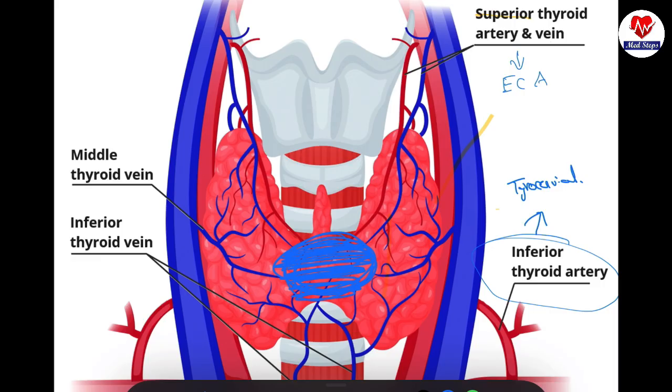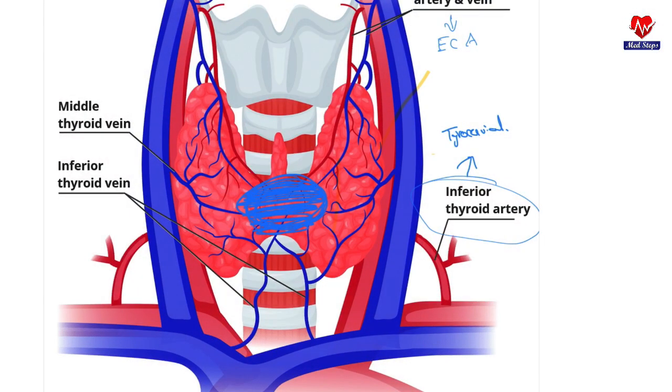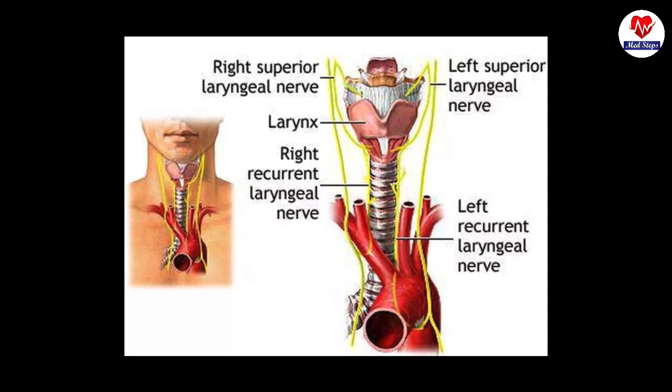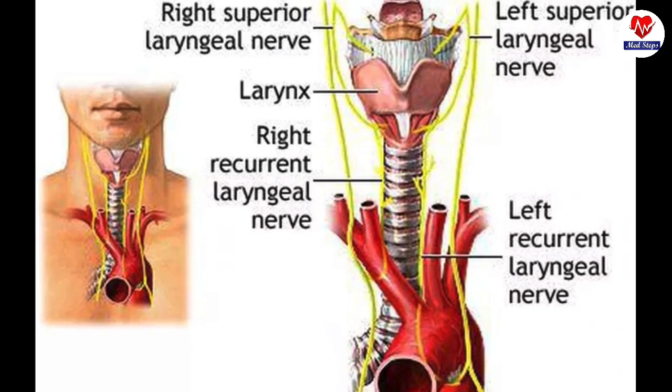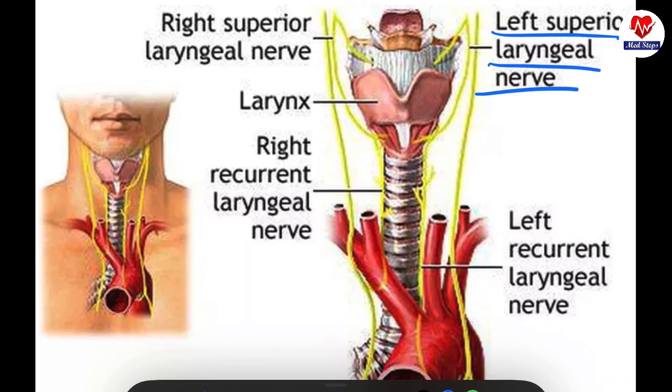Next is the nerve supply of the thyroid gland. It looks like a very simple thing, but these two nerves are very important to remember. In general surgery, we have to focus on the external branch of the superior laryngeal nerve at the superior pole, and the recurrent laryngeal nerve at the inferior pole.